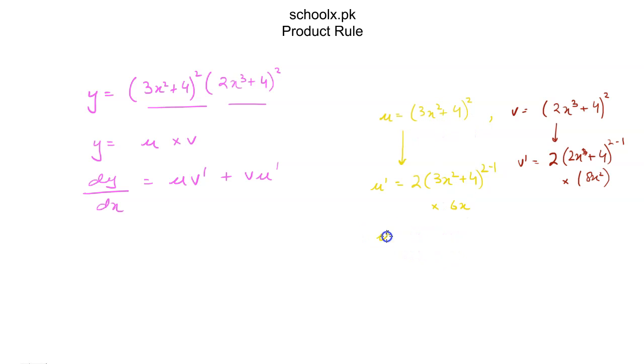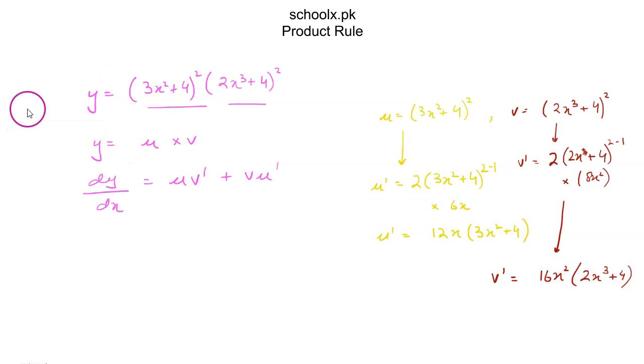So we'll get u derivative equal to 12x into 3x squared plus 4, and v derivative will be equal to 16x squared into 2x cubed plus 4. So I'll simply plug these values into this formula.